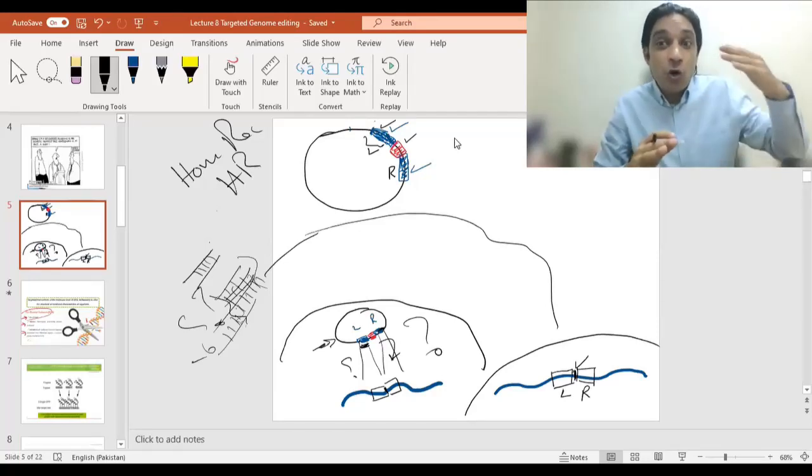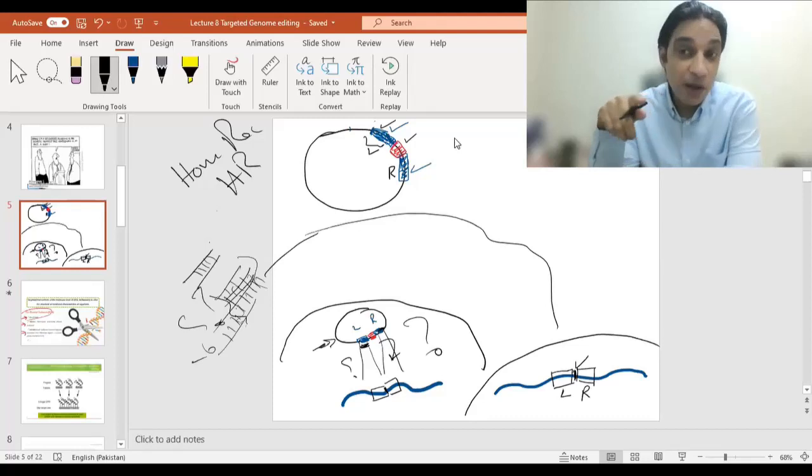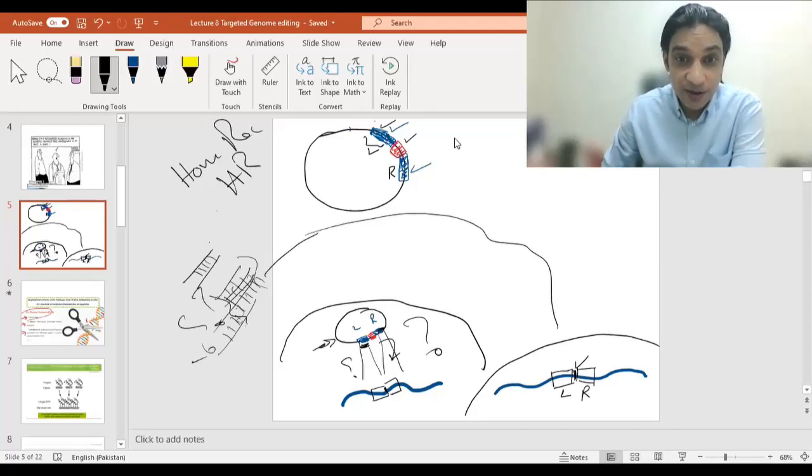So if you put all these things in perspective, and if I ask you whether using homologous recombination is a way, is there any chance for the external DNA to become incorporated? You can guess the product. The product will be like this.